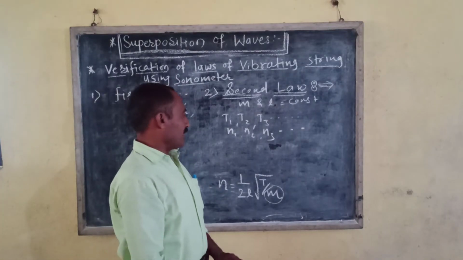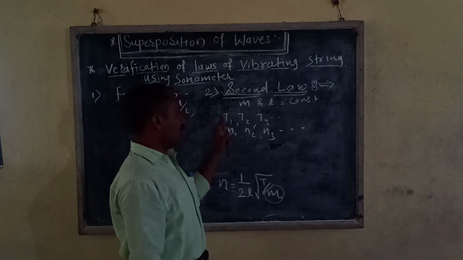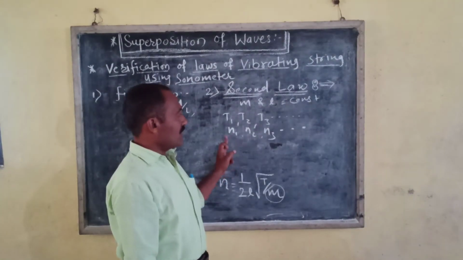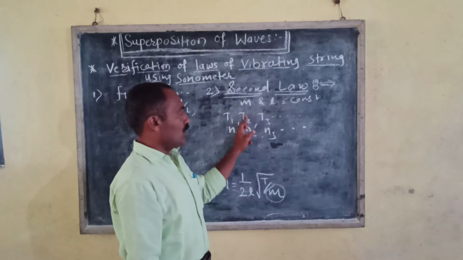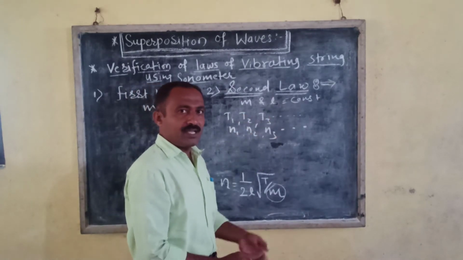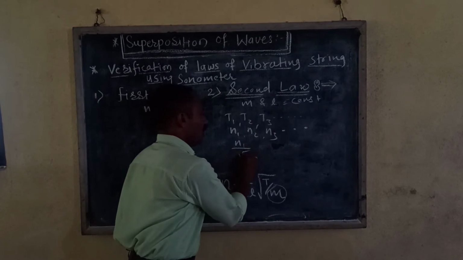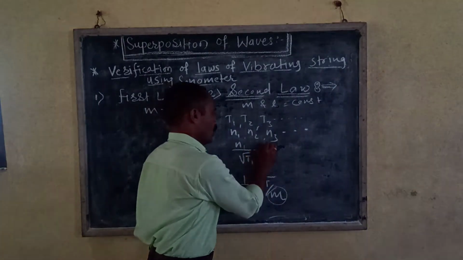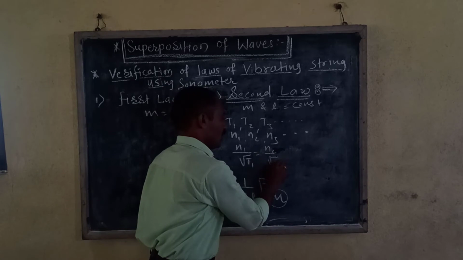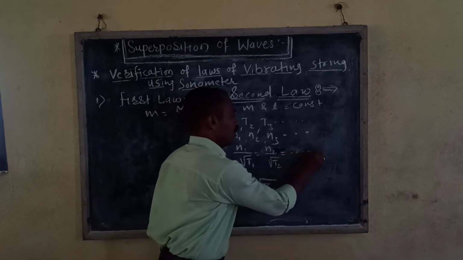It is found that the ratio N1 upon under root of T1 is equal to N2 upon under root of T2, equal to N3 upon under root of T3, and so on, which is a constant.